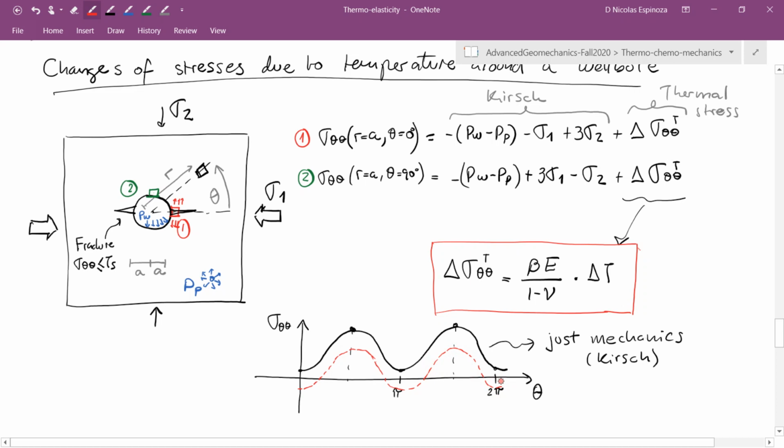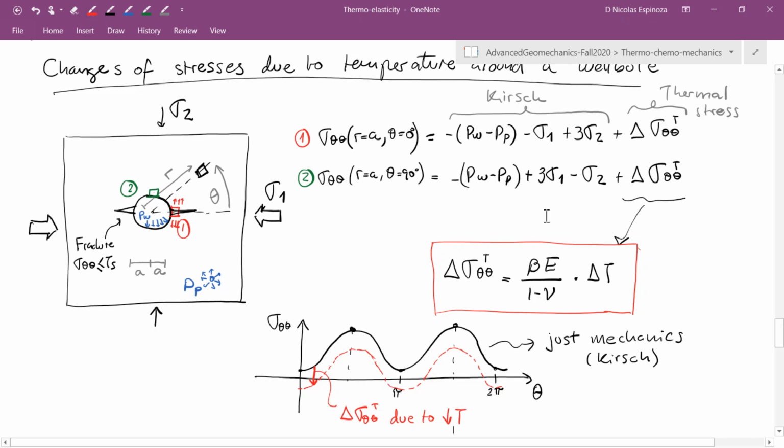And this change could cause, for example, the rock to get into tension. This is due to a decrease in temperature. Okay.